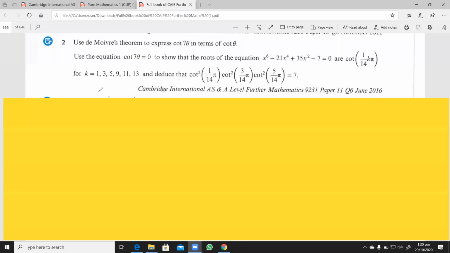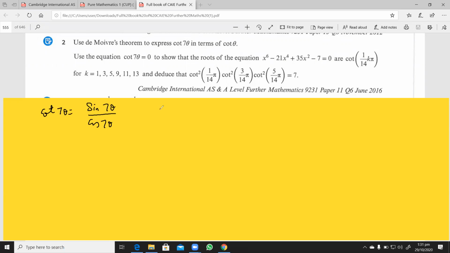Okay, Bismillahirrahmanirrahim. We have to use de Moivre's theorem to express cot 7 theta in terms of cotangent theta. Okay, so now you know that your cotangent 7 theta is basically sine 7 theta over cos 7 theta.